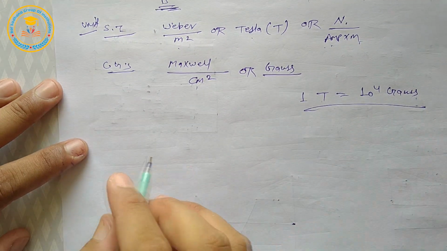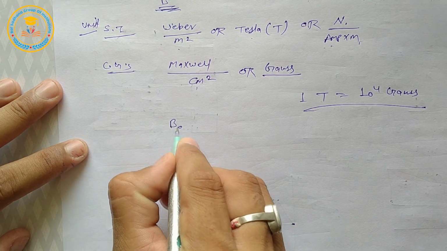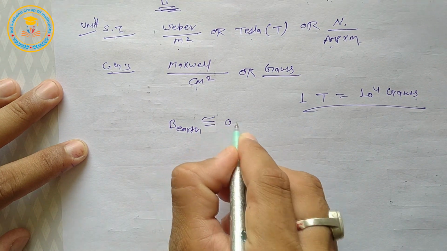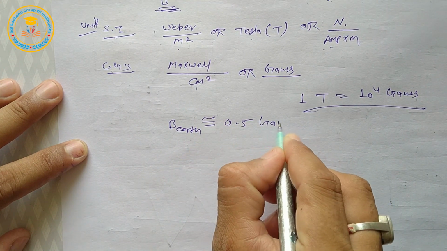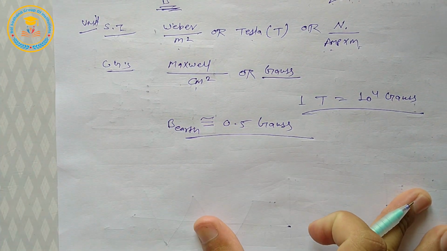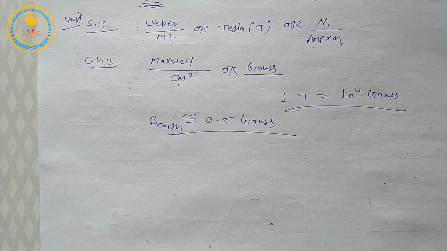And an important thing is the magnetic field of Earth is approximately equal to 0.5 Gauss. Okay, students, this is the magnetic field and magnetic force.